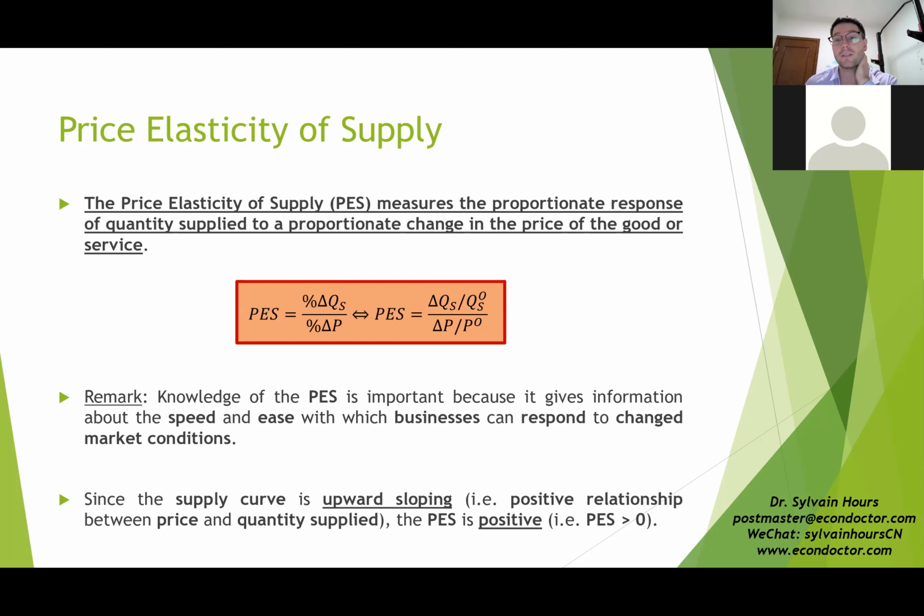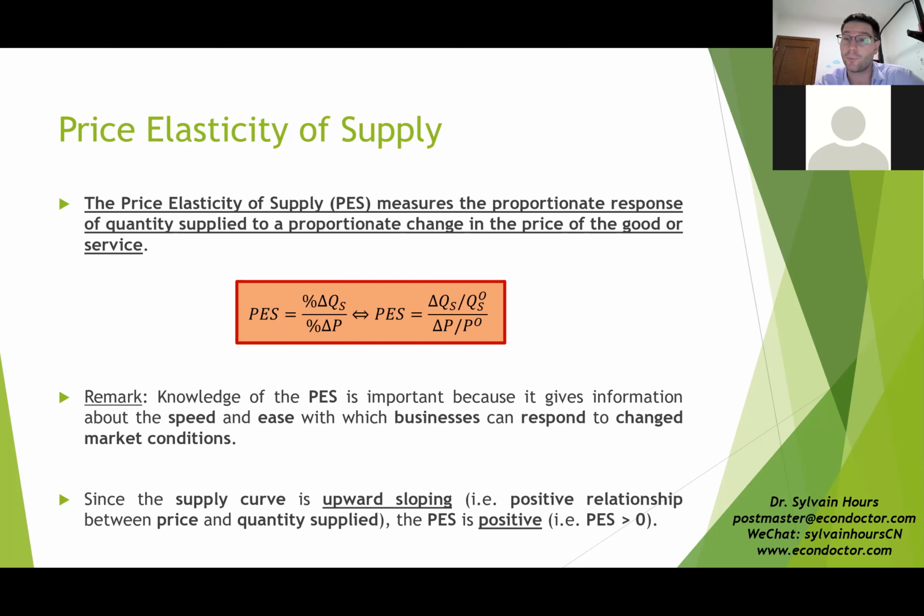If the PES is very high, very elastic, then that means that I really have the potential to increase my output or to decrease my output accordingly. And that basically means that I'm flexible. Okay, a low PES means that maybe I'm not very flexible, and perhaps I should improve that. Perhaps I should invest in new technology or any production process, or adapt my production process to gain flexibility.